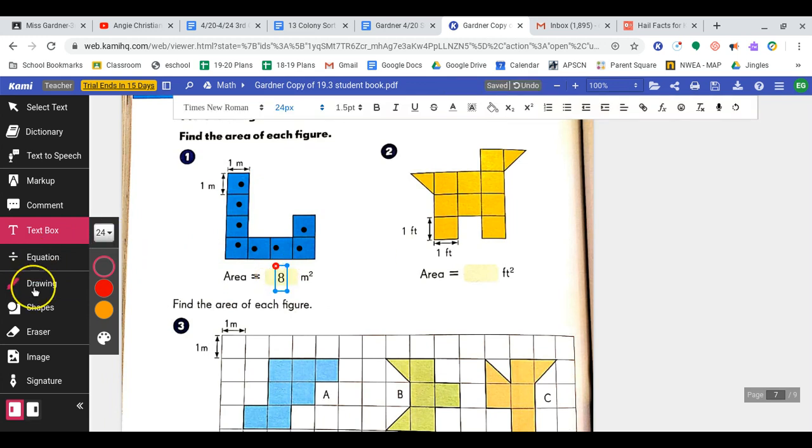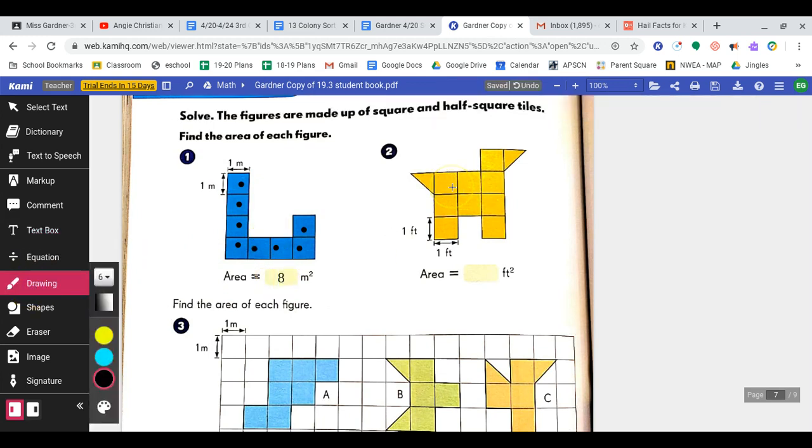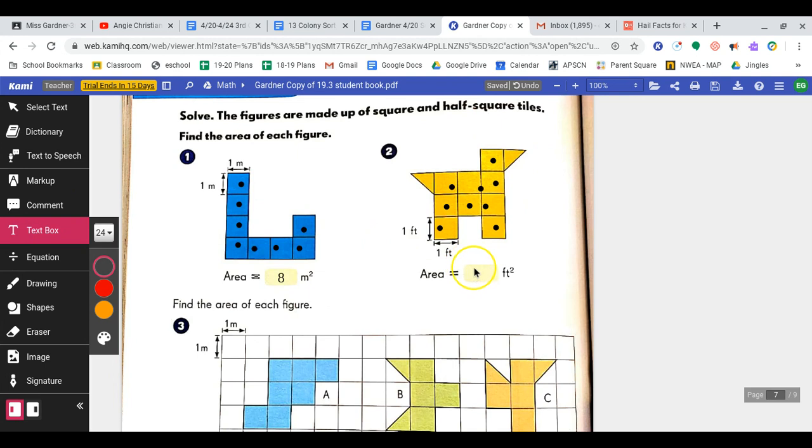Now let's count this one up. We can multiply part of the figure. 1, 2, 3 times 2 is 6. So that's 6 square meters. Feet. Sorry, we're using feet here. So 6 square feet plus 1 is 7, 8, 9, plus 2 halves are going to equal 10 square feet total.